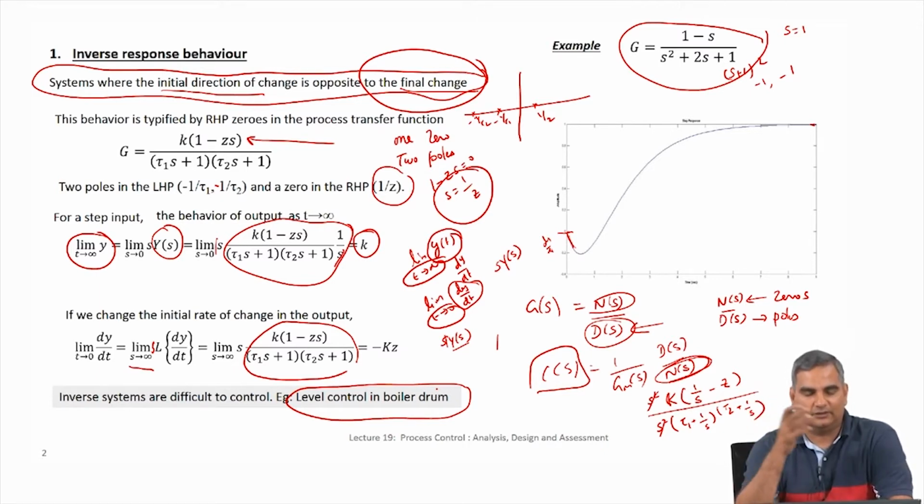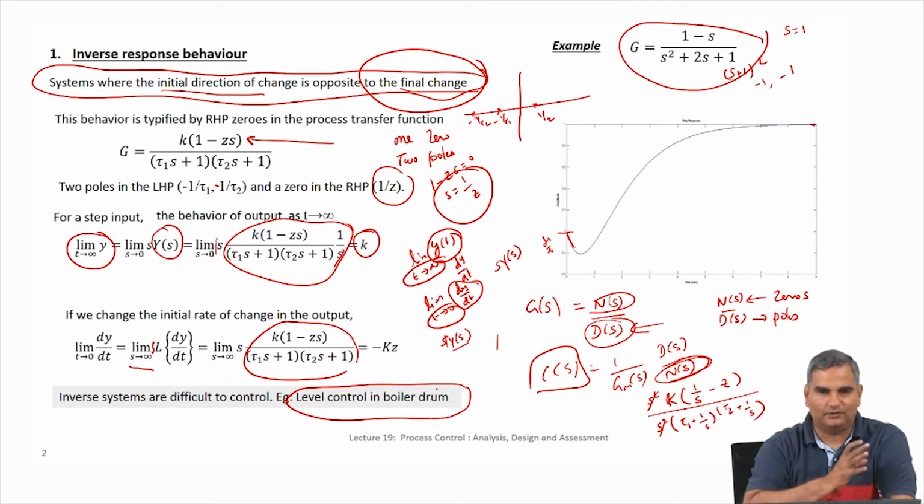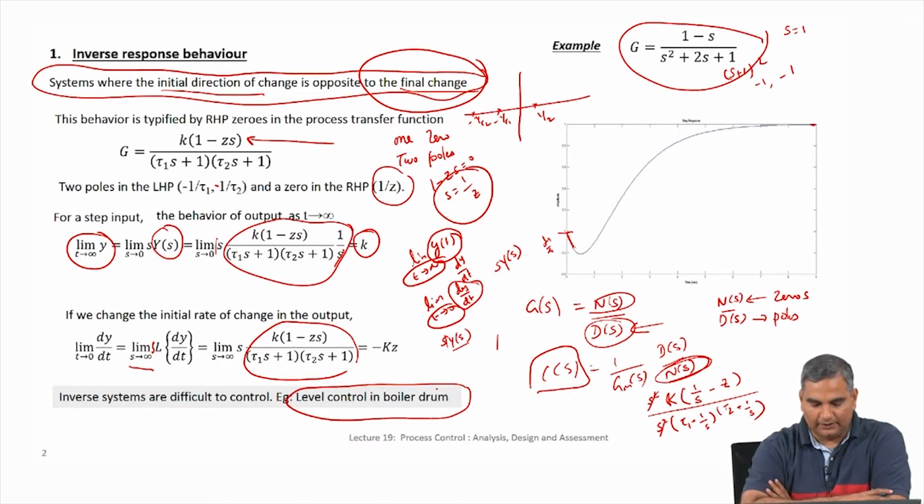So, you see that you will have an inverse response. This is a very typical example that people talk about in terms of the level of the liquid showing inverse response in a boiler drum. That is an engineering system, and there are lots of biological systems which show inverse response. There are several other systems where you can see this inverse response behavior.